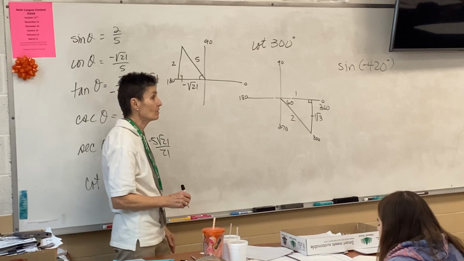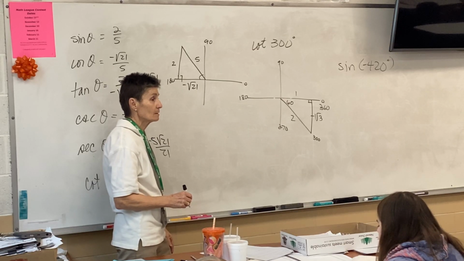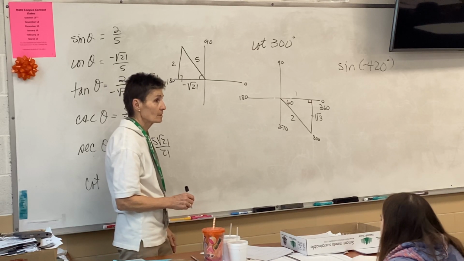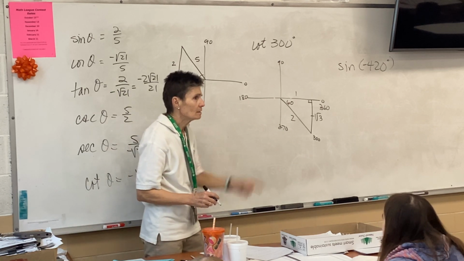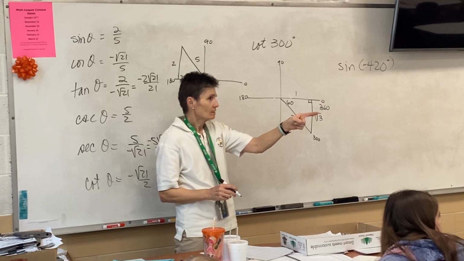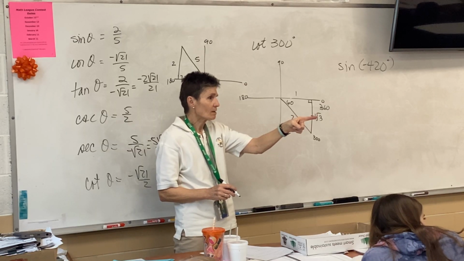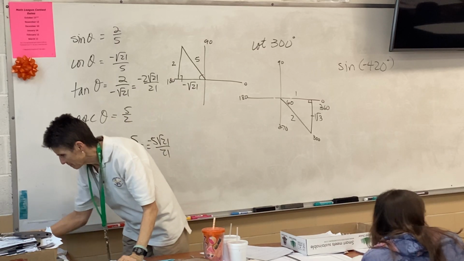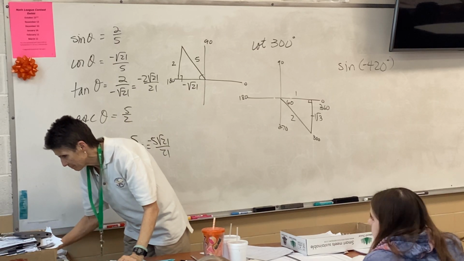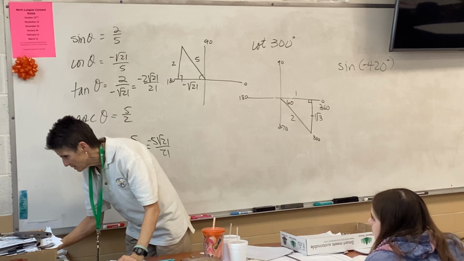Adjacent over opposite. Wait a second. You're here. So who's missing over there? Mackenzie. Oh, I marked Macy absent. Sorry about that. You're confusing me.